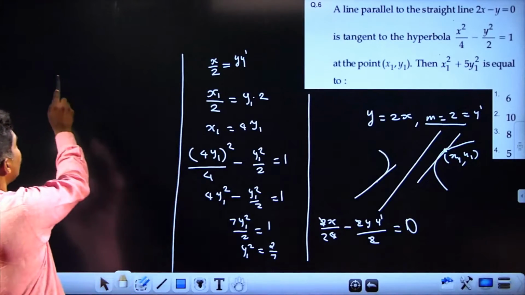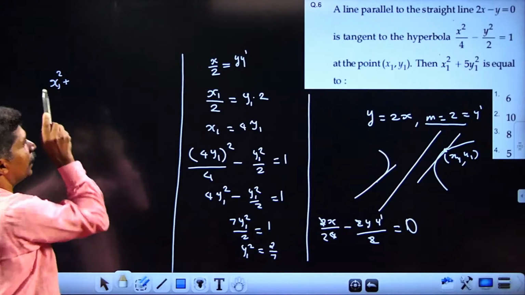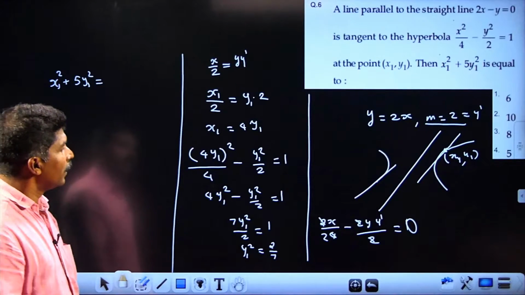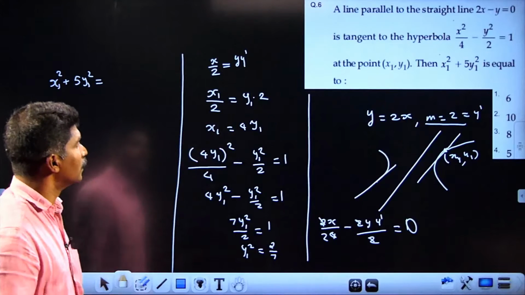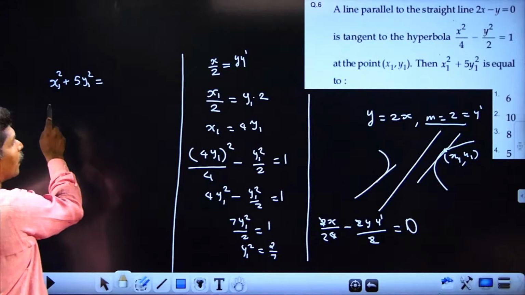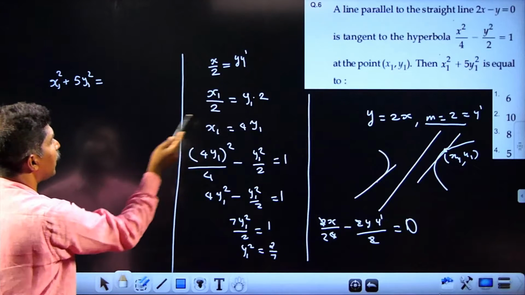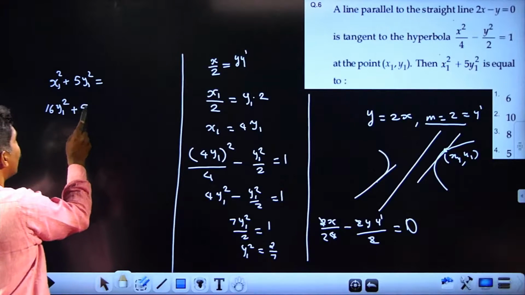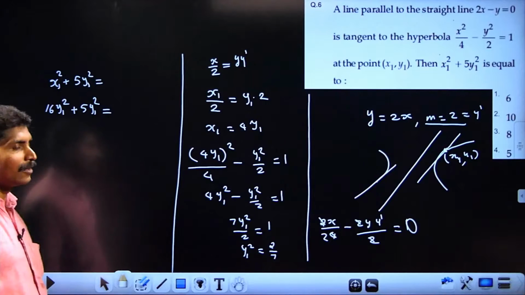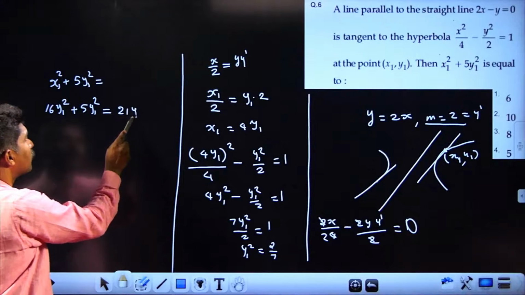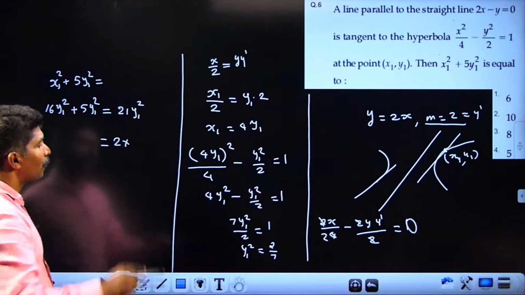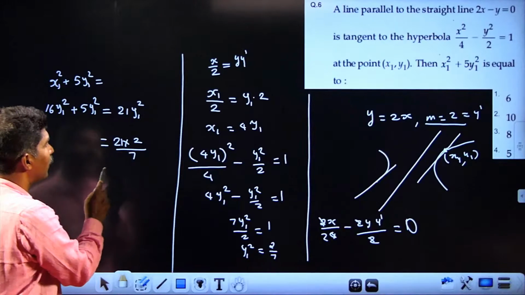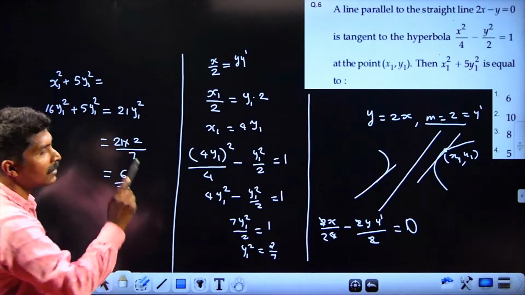Instead of x1 square we write 16y1 square, plus 5y1 square, that is equal to 21y1 square, that is 21 into y1 square, which is given as 2 by 7. 21 into 2 by 7 is equal to 6, which will be the answer. Very simple.